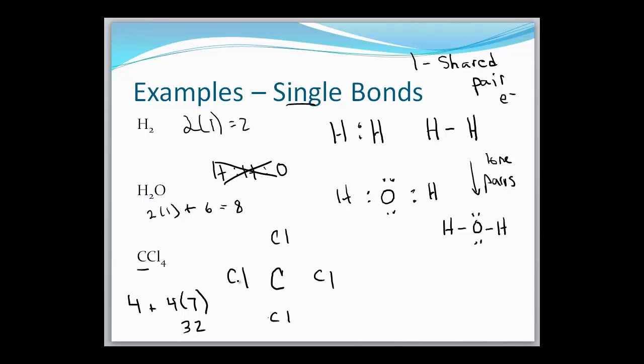When you've got a whole bunch of electrons, one thing you might want to do is just put them all around, each having 8, and then see if you have enough electrons. So 1, 2, 3, 4, 5, 6, 7, 8, 9, 10, up to 32.